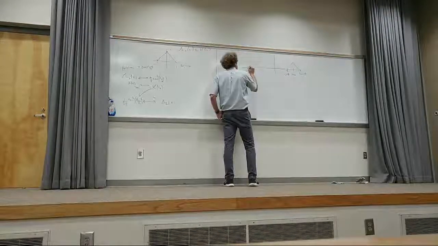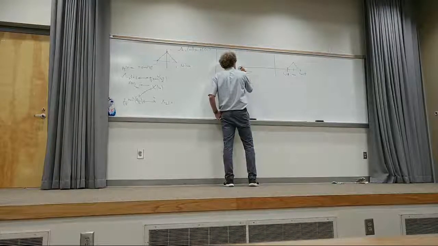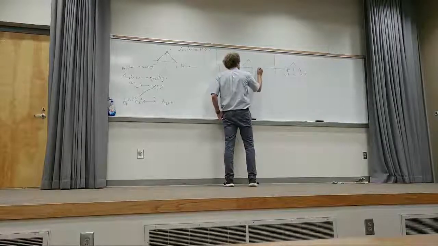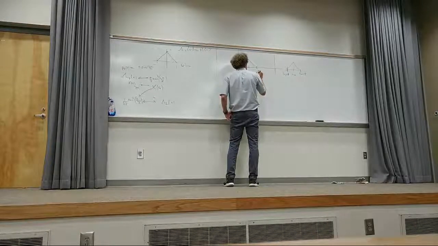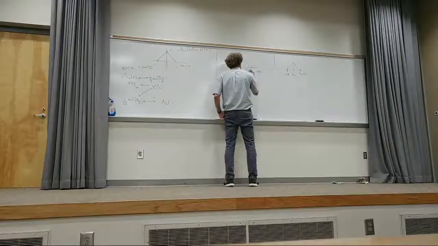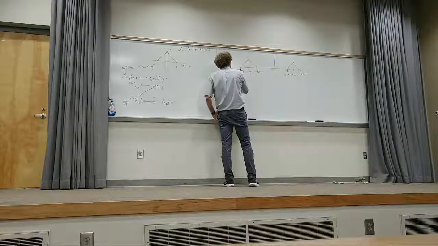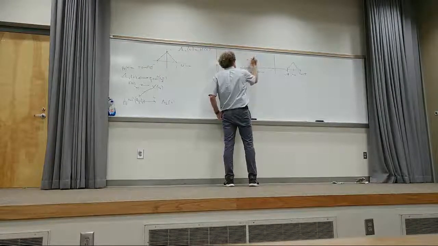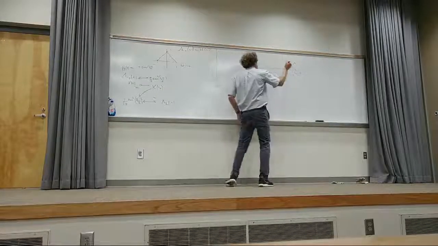Same deal here. This point is going to be b minus omega naught. This point is going to be minus omega naught minus b. And the height of this, I'll make it a half to make it easy on myself.